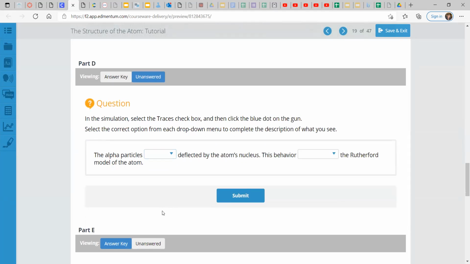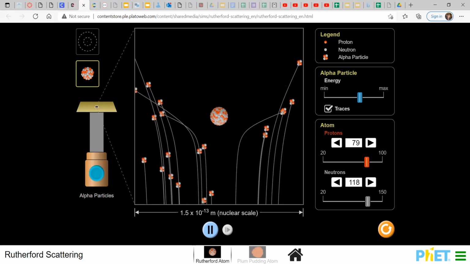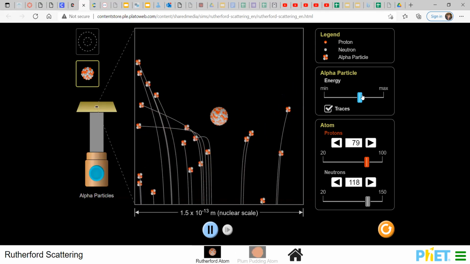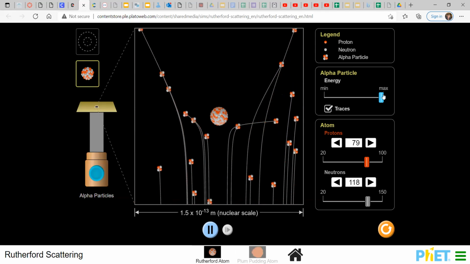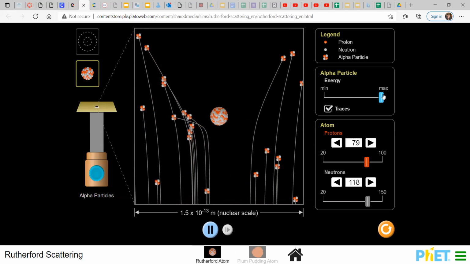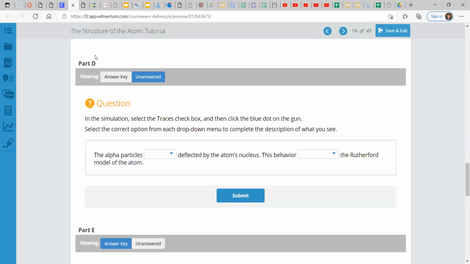In the simulation, select the traces checkbox and then click the blue dot on the gun. Select the correct option from each drop-down menu below. All right, so traces. Now you can see, let's speed it up a little. You can see how their paths diverge by following those trace lines. Alpha particles are deflected.